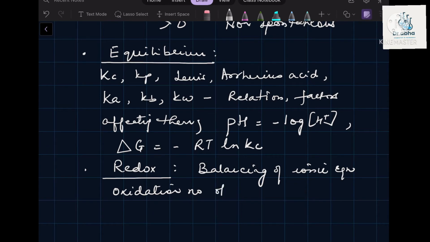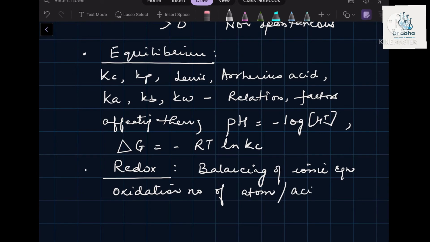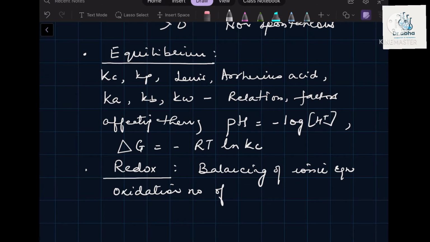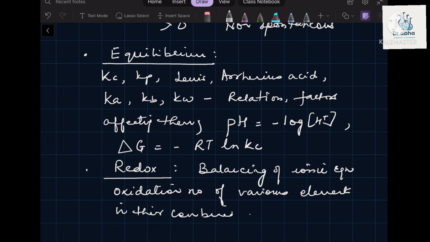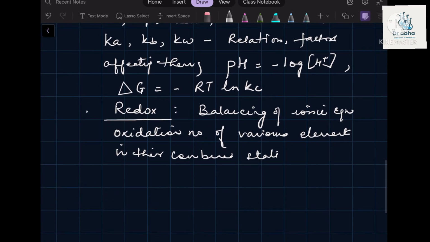You should know of atom having any valency of acid, oxidation number of various species, of various elements in their combined states, right? You should know.